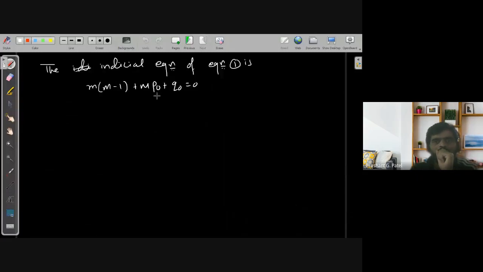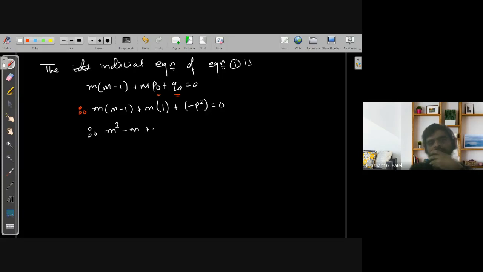So here we have written down p0 and q0. Therefore, this gives you m into m minus 1 plus m, the value of p0 which we have calculated is 1, and q0 is minus p square, equal to 0. So this is m square minus m plus m minus p square equal to 0.